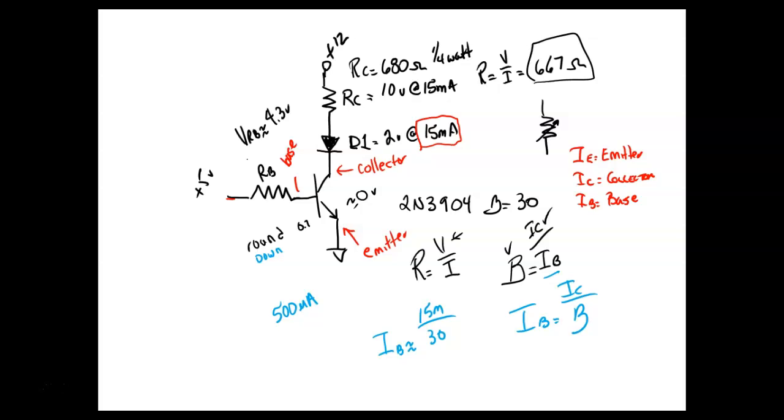So what did we get? Four point three. Yeah. Because this guy here, we have 0.7 right here, right? So this guy has got to drop 4.3. 8.6K.